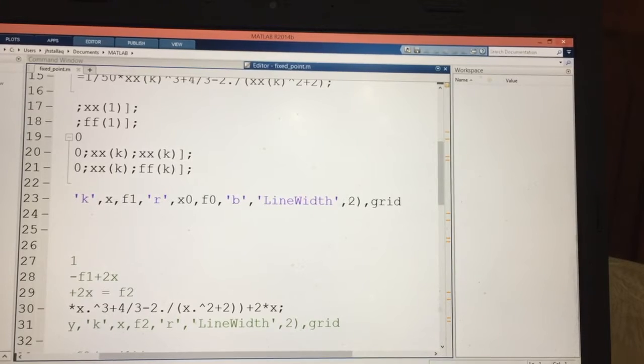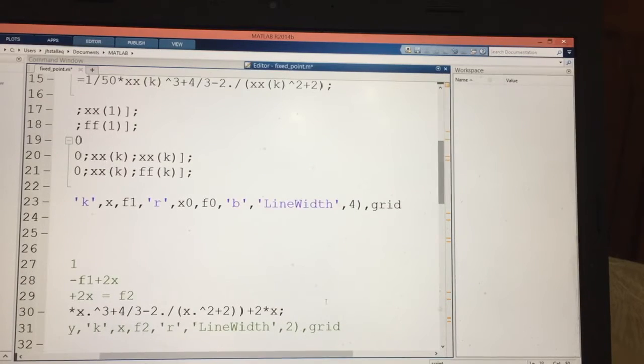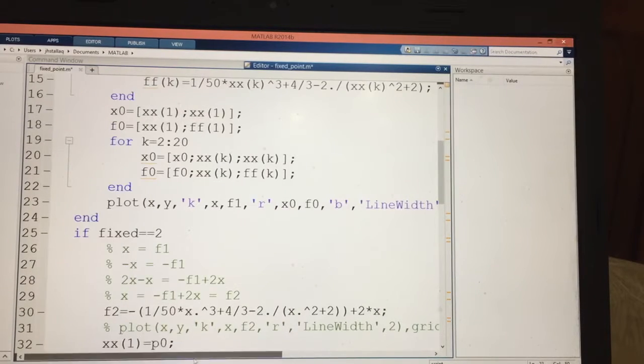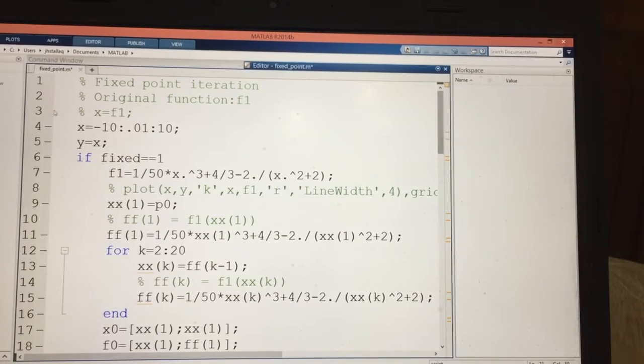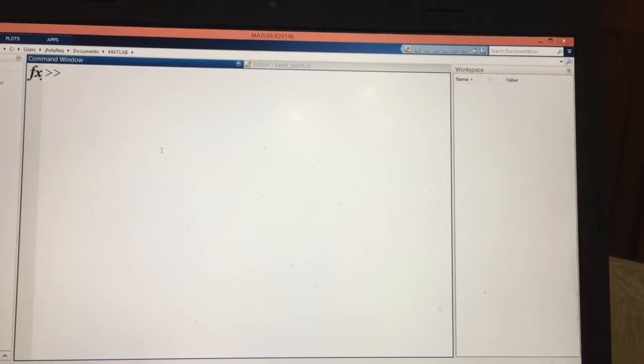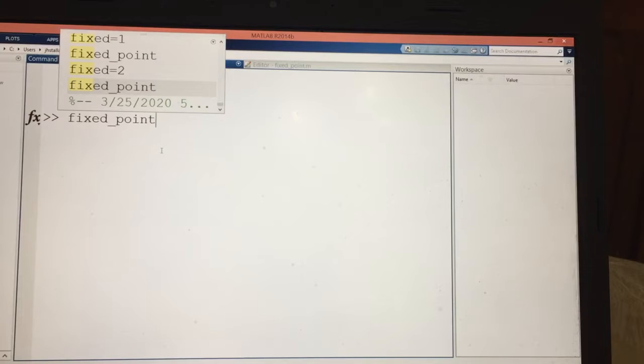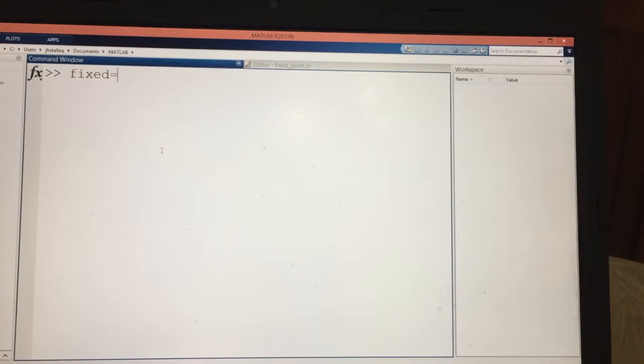I put it to 2, I can make it 4, that would be more visible. Okay, and let's select a starting point and see what will happen. We'll come back to here. Let's first define our index, fixed, and make it equal 1.